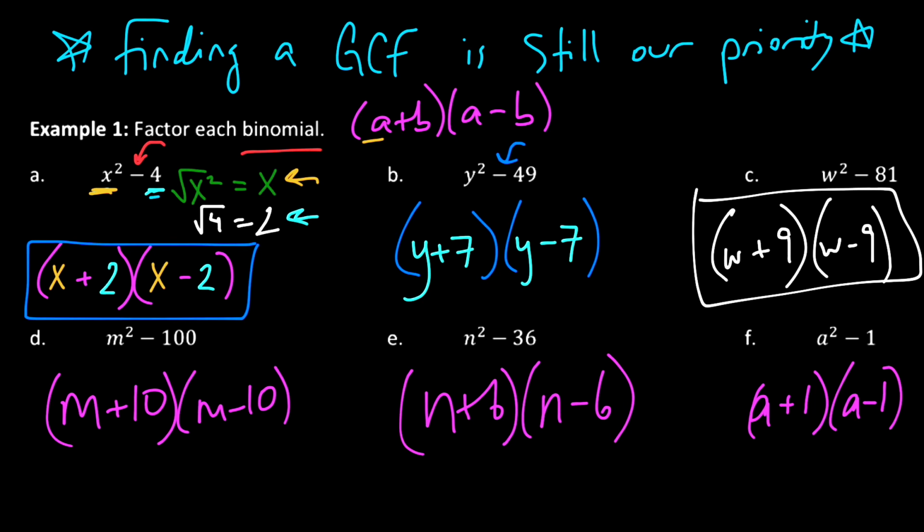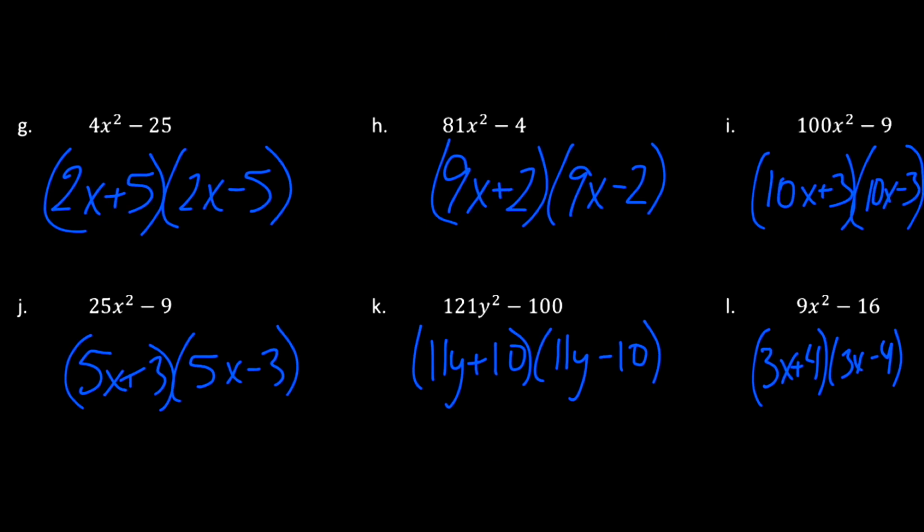Hopefully you actually did that. And here's your answers for those 6 problems. Quick thing to know is when I do have a coefficient on this first term here, like this 4x squared, we do have to square root both of the 4 and the x squared. So that's going to leave me with a 2x.